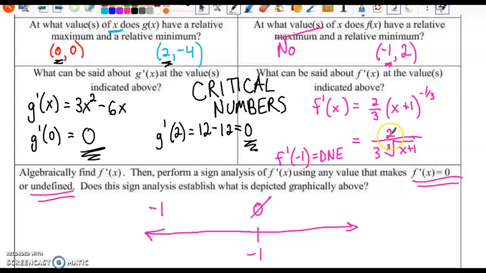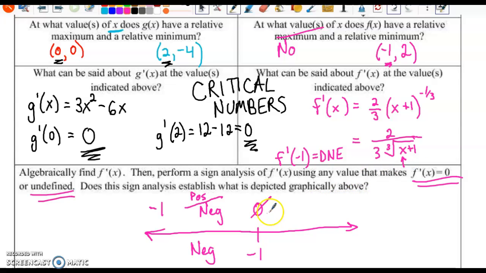Well, what you also want to think about is if you had a negative value, like -2, -3 right here, what would end up happening is you would have a positive divided by 3 times a negative number, which would give you a negative. I guess I should mention that the cube root of a negative is still negative. So for a sign analysis, you could write that 2 is positive in the numerator, and a positive divided by a negative is still negative.